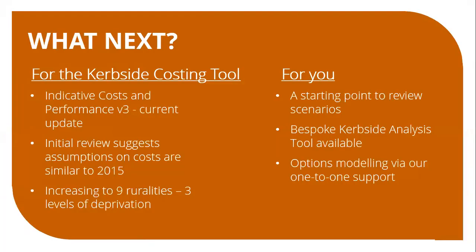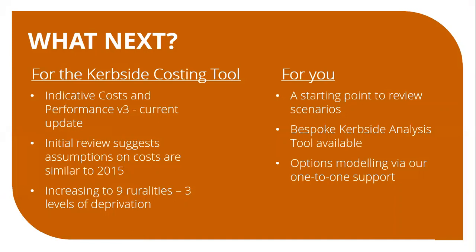Okay, so what next? With the Kerbside Costing Tool, we are currently on ICP2, Indicative Cost and Performance version 2. But we have started the process of updating the tool, so there should be version 3 out at some point in the near future.